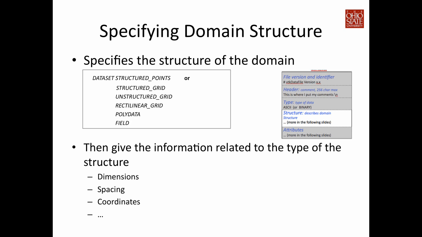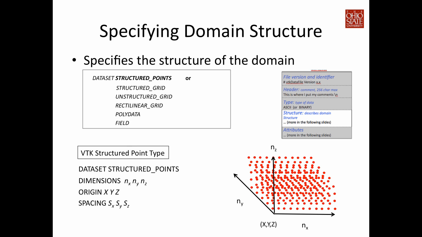The typical information that needs to be provided includes dimensions, grid spacing, coordinates of the sample points, etc. For structured points, we need to specify the dimensions in XYZ, that is, how many points along the X, Y, and Z directions, the position of the origin, and also the spacing between the adjacent points in the X, Y, and Z directions. With this information, the position of a point can be inferred easily if we know its IJK index.